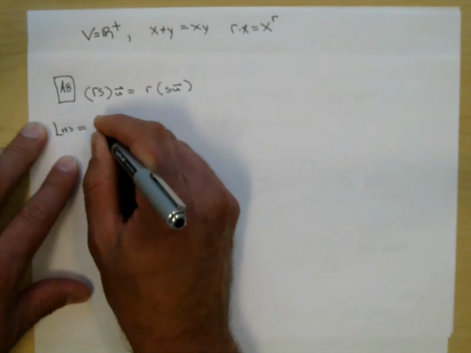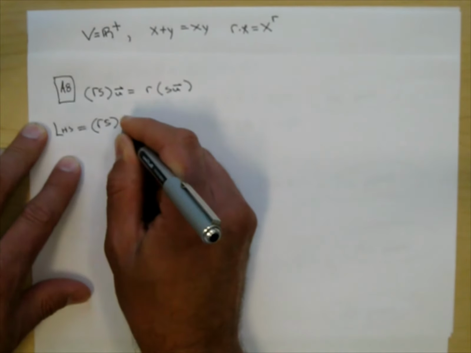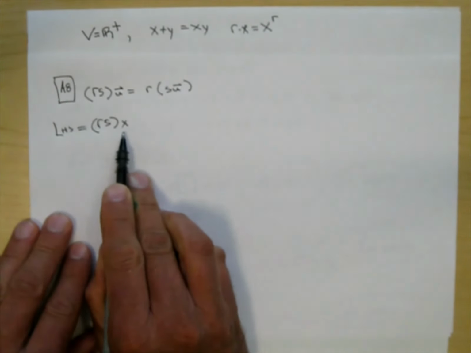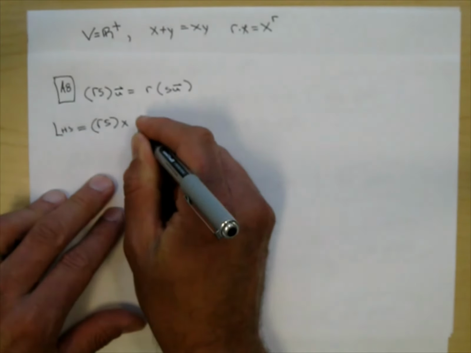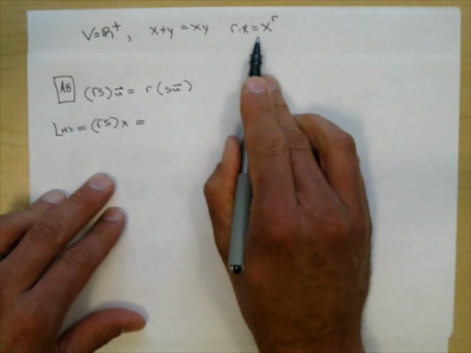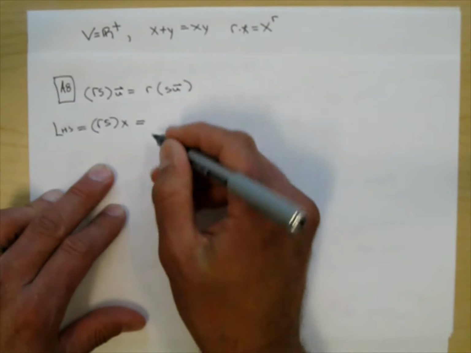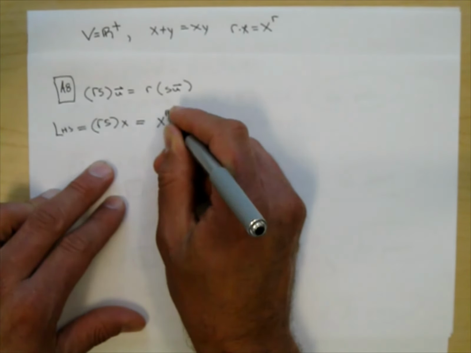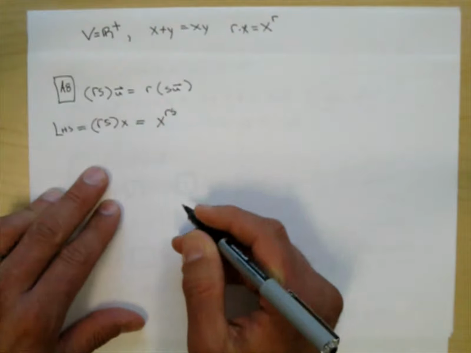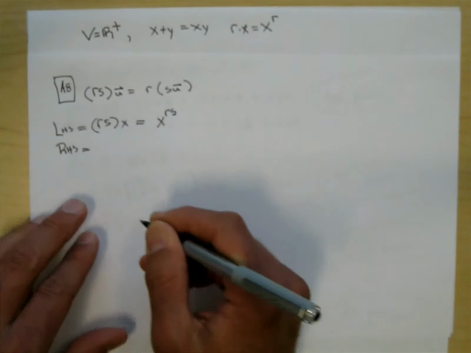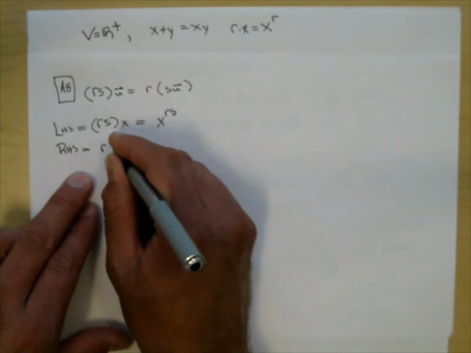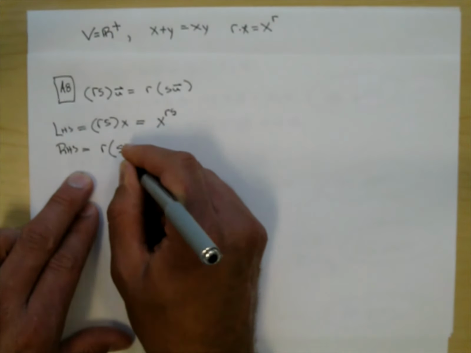Left-hand side says RS, and then we'll let U be just X. Okay, so that's a positive real number, and these guys are real numbers. So what we have here is funky multiplication. So this is really going to be X raised to the RS power. Let's look at the right-hand side. So this says R, and then we have S times X. Let's just do that.